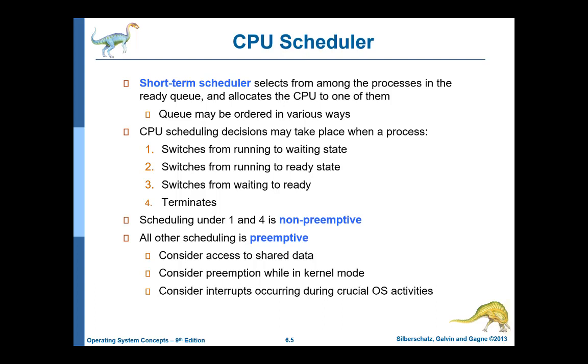So these are the 4 criteria, and here we see that criteria 1 and 4, they are non-preemptive. What does it mean?